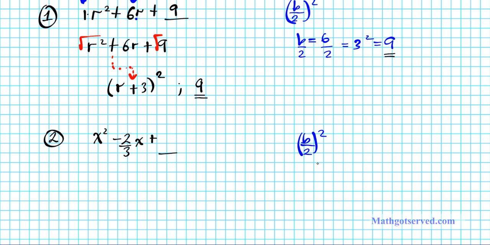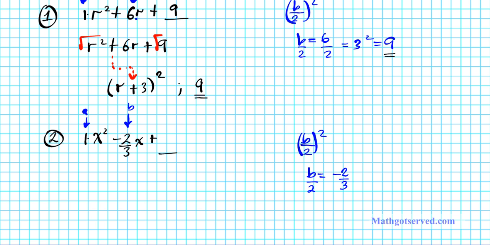All right, so in this problem, what is the value of b? Let's go ahead and write out our coefficients. The coefficient of the square term is a. So that's a right there. And then b is going to be the coefficient of x, or the first degree term. All right, so our b is negative 2 over 3. So what do we do next? We divide this by 2.